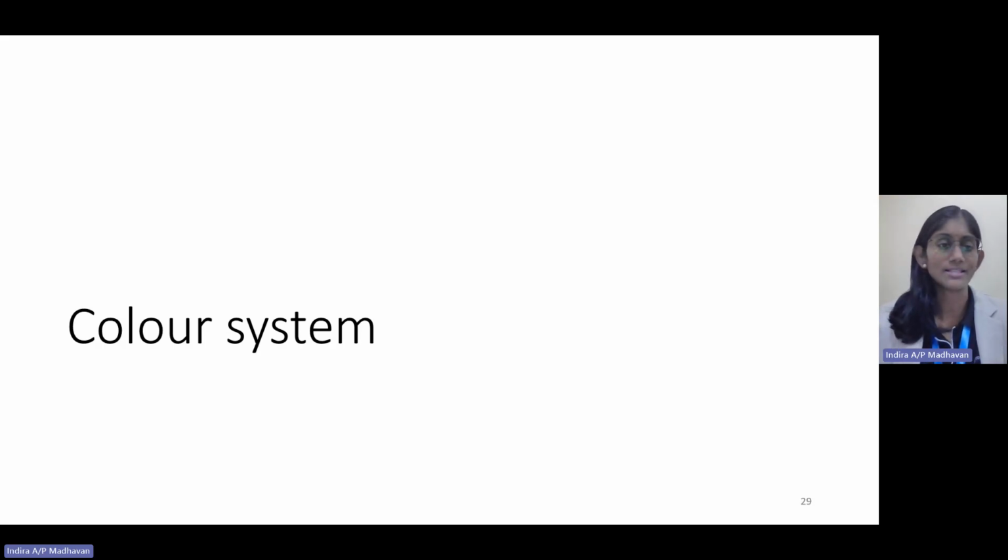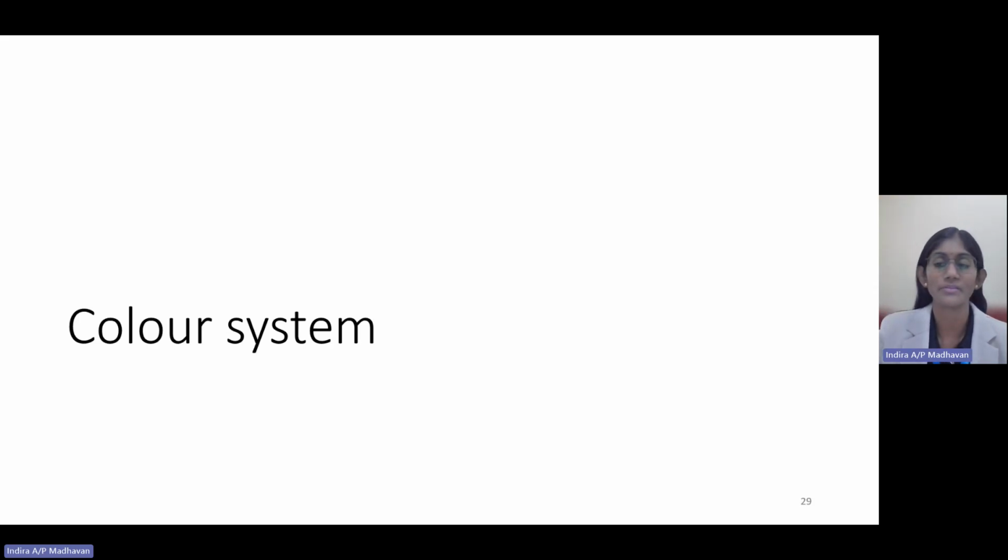For example, if I say this is a light blue, another person may say no, it's not light, it is slightly more than a light color. So it is based on your perception only. We need a proper system to identify colors, so that it is similar for me and the person opposite me, or in another country or another place.